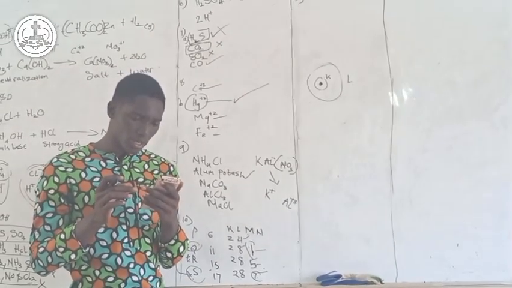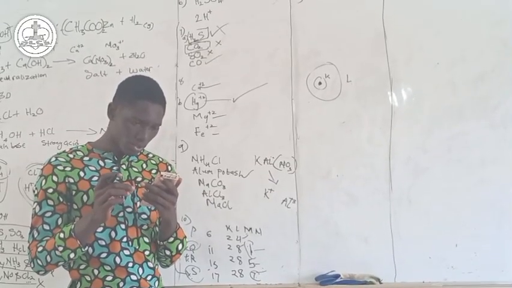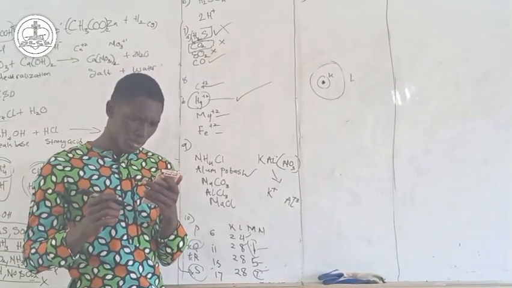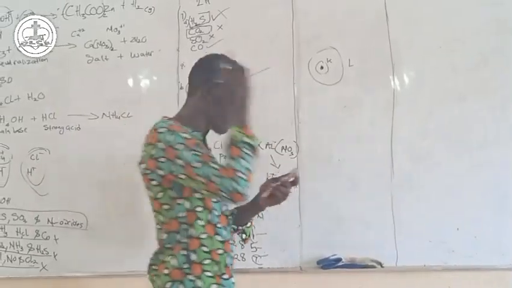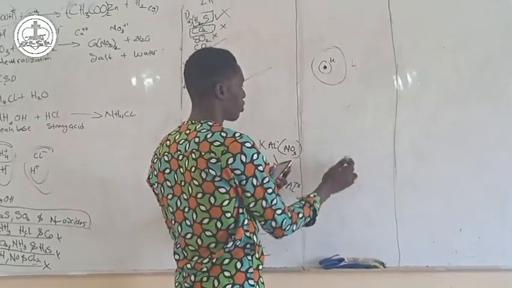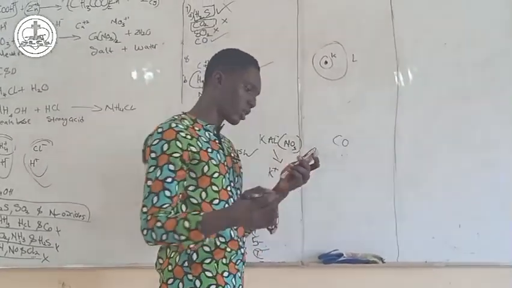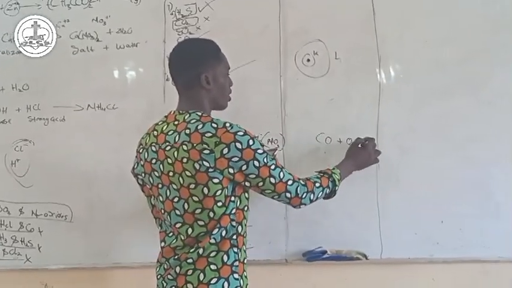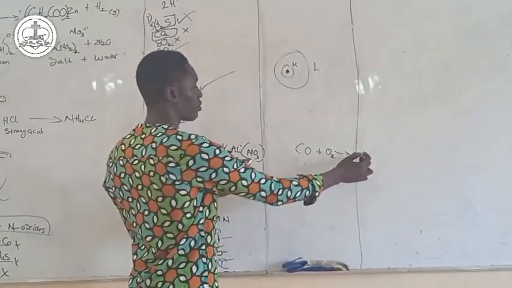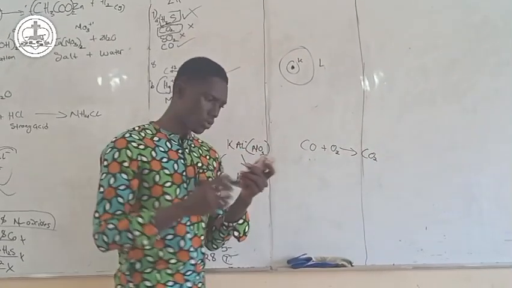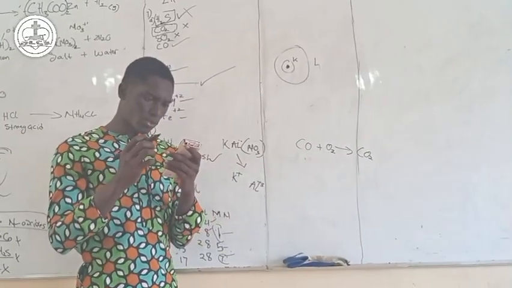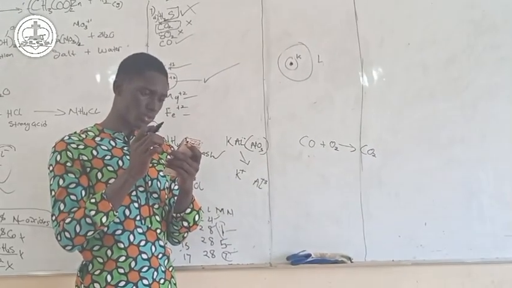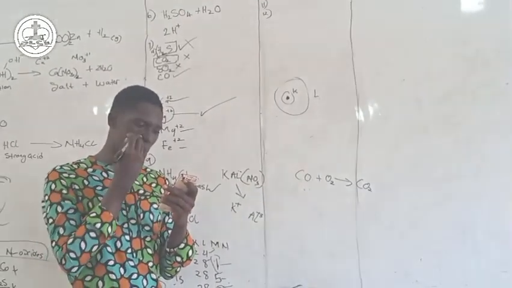The answer there is A, because when you supply oxygen to carbon monoxide, it reacts and forms CO2. The question says which of the reactants was in excess. So I think it is carbon monoxide, which is A.